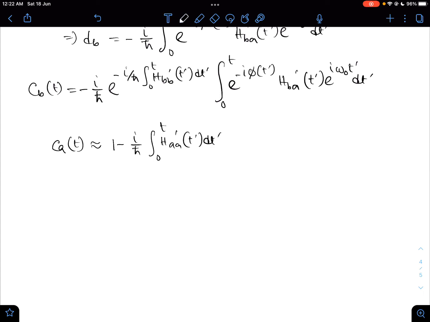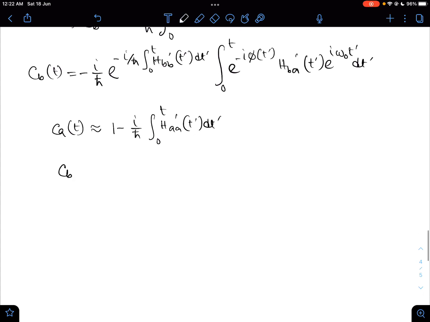While for c_b, the factor H_ba in the integral means that it is already first order, and hence both the exponential factor in front and e^(-iφ) should be replaced by 1. Then c_b(t) will be almost minus i/ħ integral from 0 to t of H_ba'(t') e^(iω0 t') dt'.